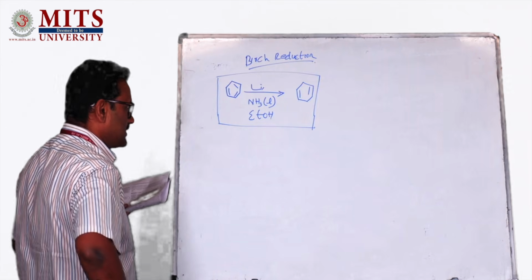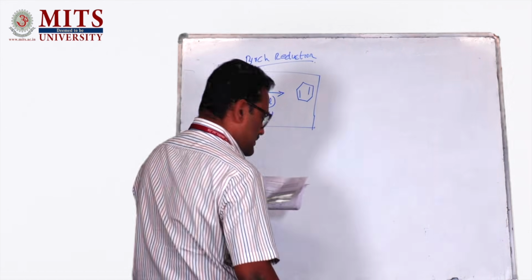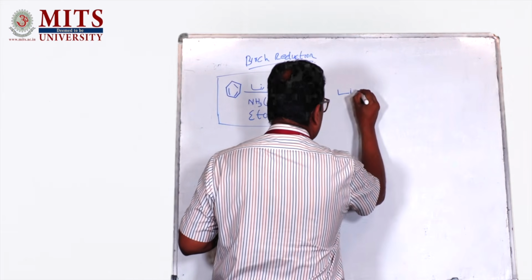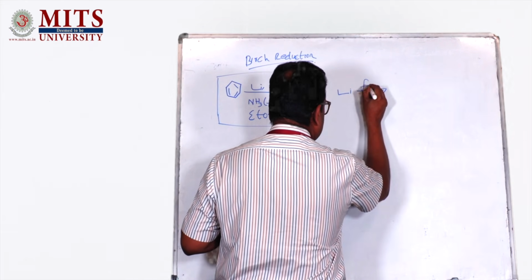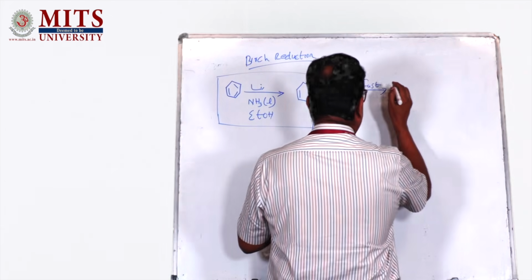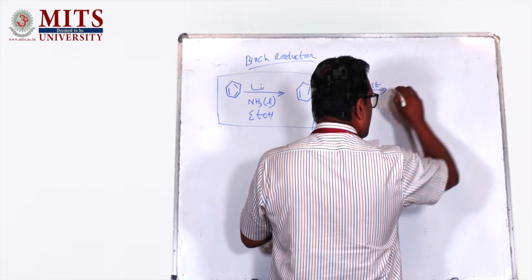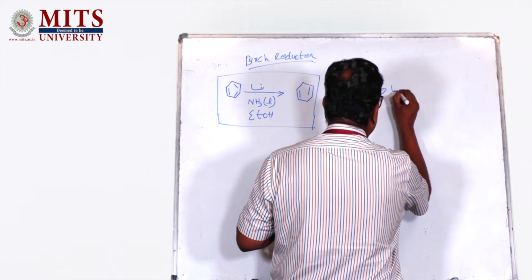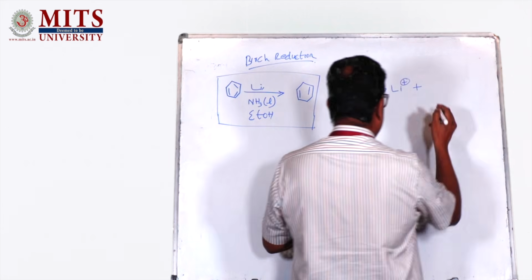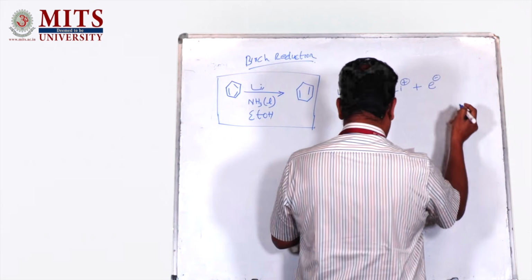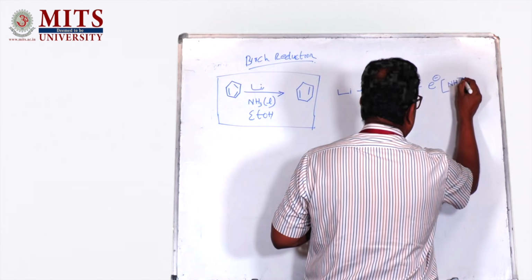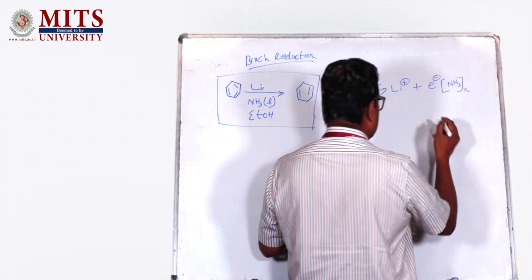How does it work? Let me give you a detailed mechanism. Lithium metal. This reaction is fast. When you dissolve lithium in liquid ammonia, you will get Li+ and solvated electrons.